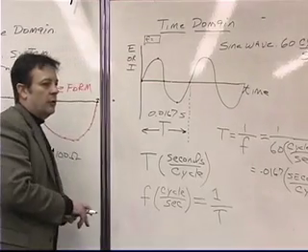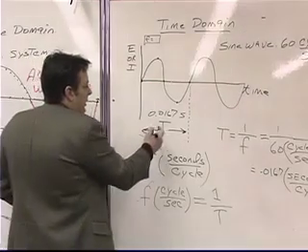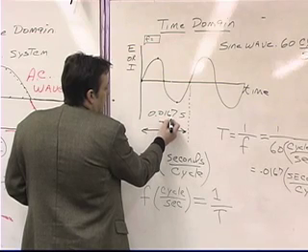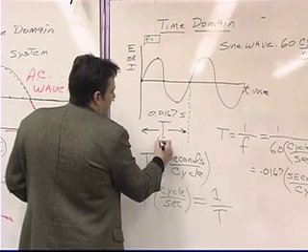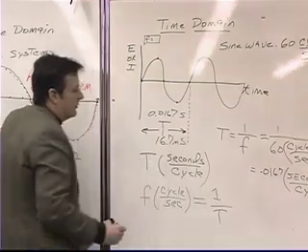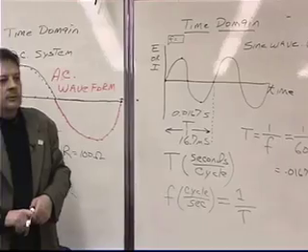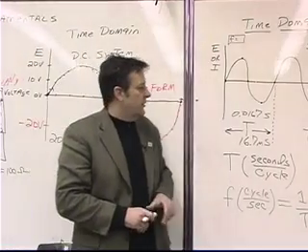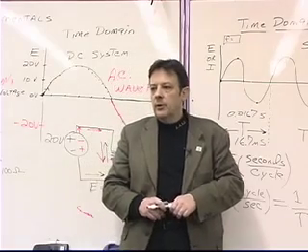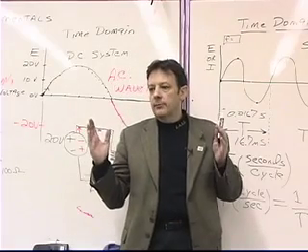If we were to convert that to milliseconds, what would that be? That would be 16.7 milliseconds. So in the United States, it takes 16.7 milliseconds for the cycle to repeat itself.